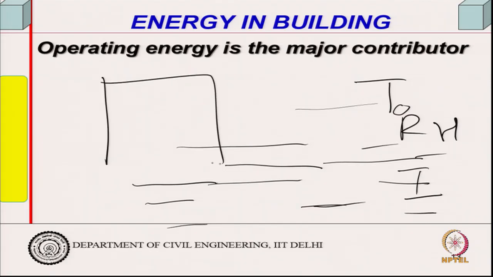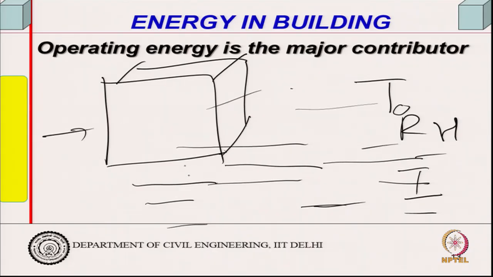Now, if this is my building, outside conditions are this, then heat flows, in summer condition heat flows. So, higher this temperature, more heat will come inside.